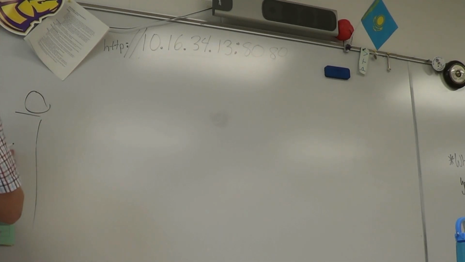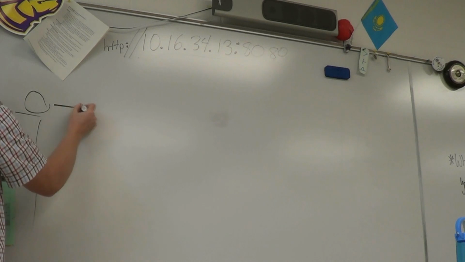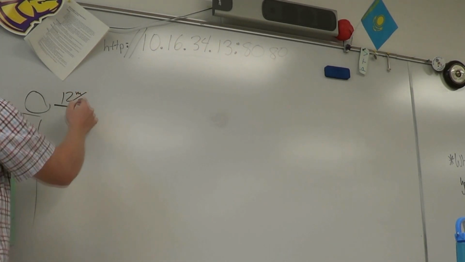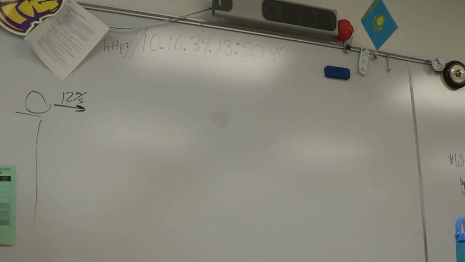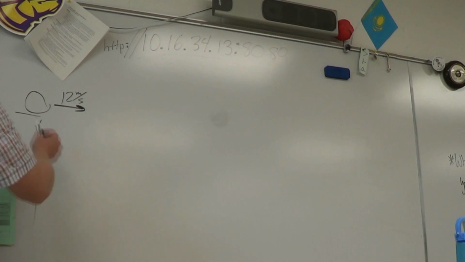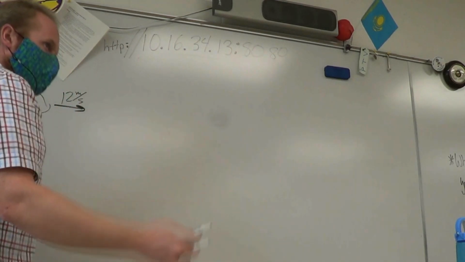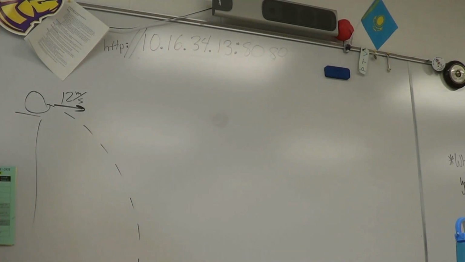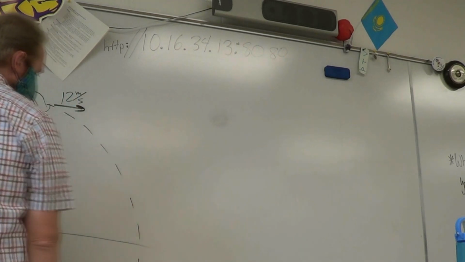We have the rock, and the rock gets kicked off the bridge at 12 meters per second. Now what's going to happen to this rock? Is the rock going to go straight down? Is the rock going to go straight out? No, right? It's going to do a combination of the things, and it's going to do something like that. Okay?